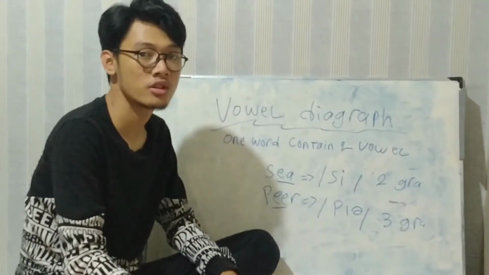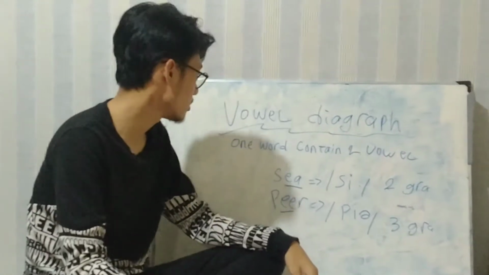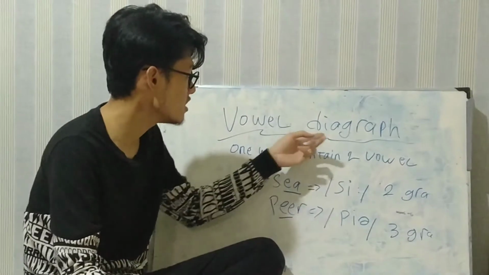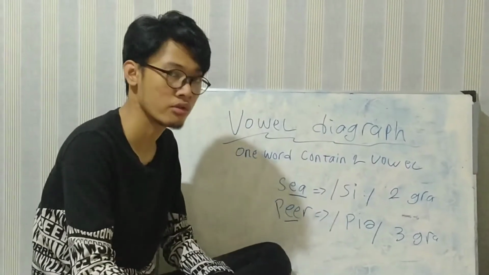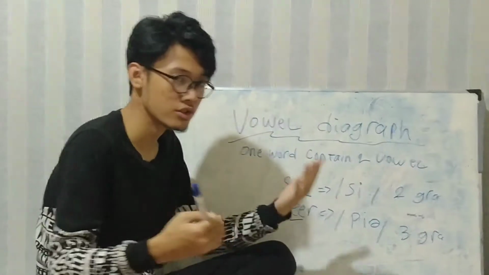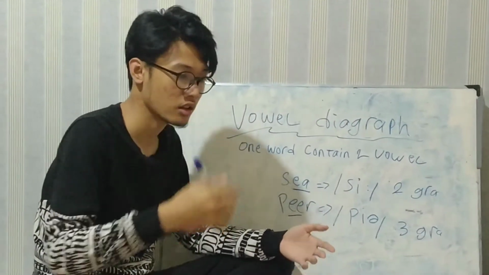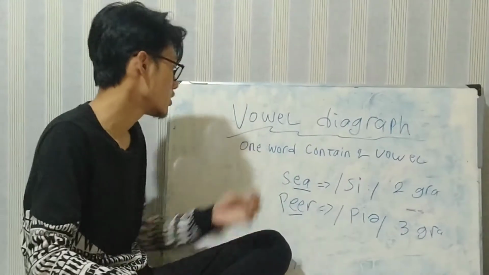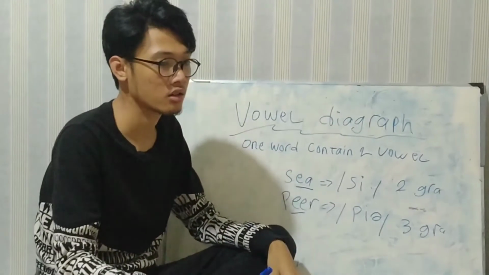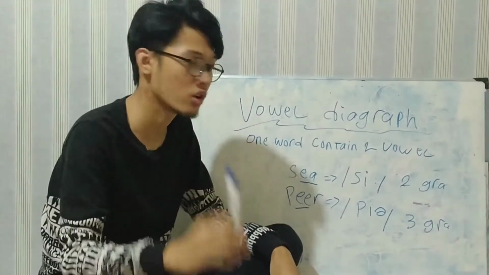Let's move on to the second section, which is vowel digraph. As we know, in chemistry, di means two after mono. And vowel, like I told you before. So basically in a vowel digraph, there is a word that contains two vowels in it.